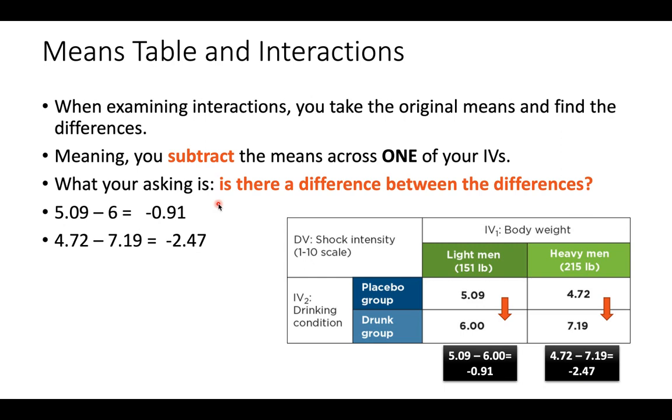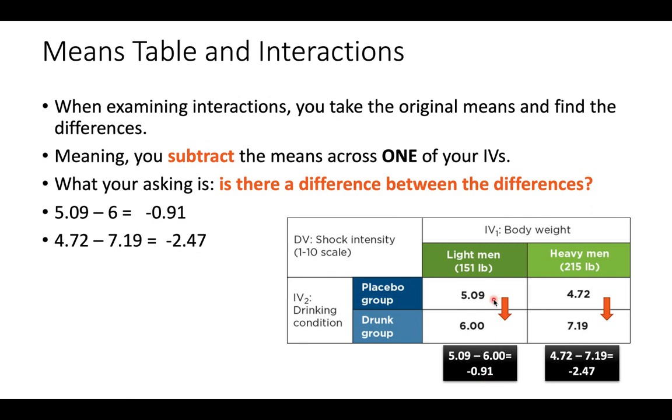And now the question we want to ask is, is there a difference between our difference scores? So do our difference scores differ from each other? Let's look at light men. Light men who did not drink averaged an aggression score of 5.09. And we can ask ourselves, how did drinking change their aggression? Well, it increased it by 0.91, right?